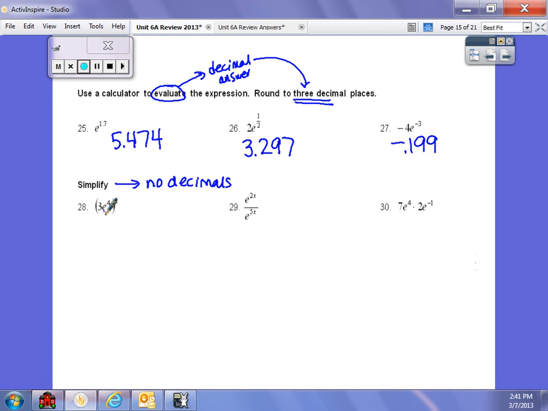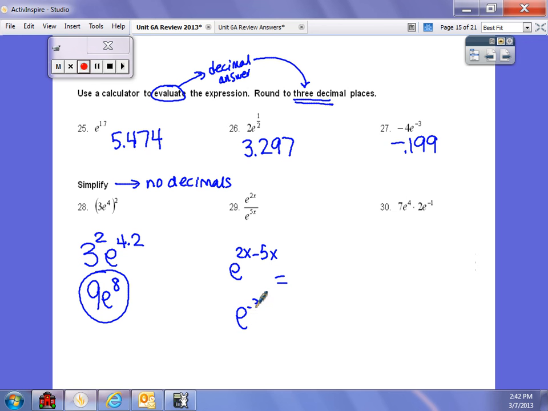Now the next part says simplify, so I need to see no decimals. You're going to treat e like it's a variable. So this first one, you're going to distribute your powers. So 3 gets the square, and e to the 4th gets the square. When you work it out, 3 squared is 9, 4 times 2 is 8. Remember this rule, you subtract your exponents, so it's 2x minus 5x, and that's negative 3x.